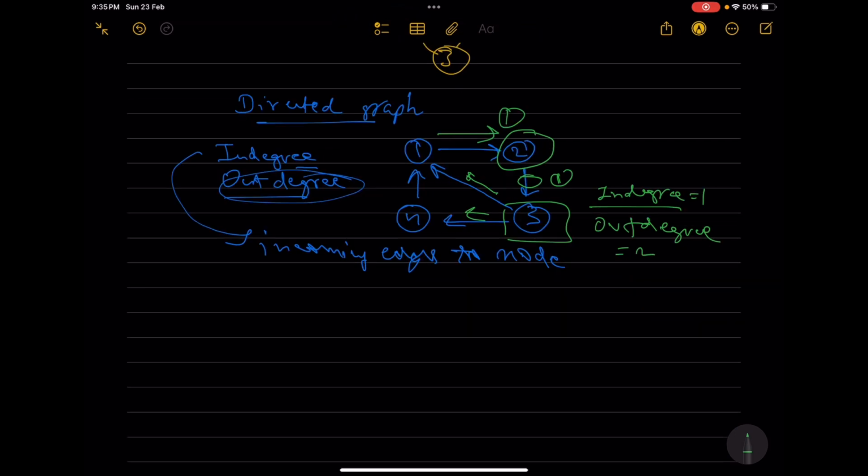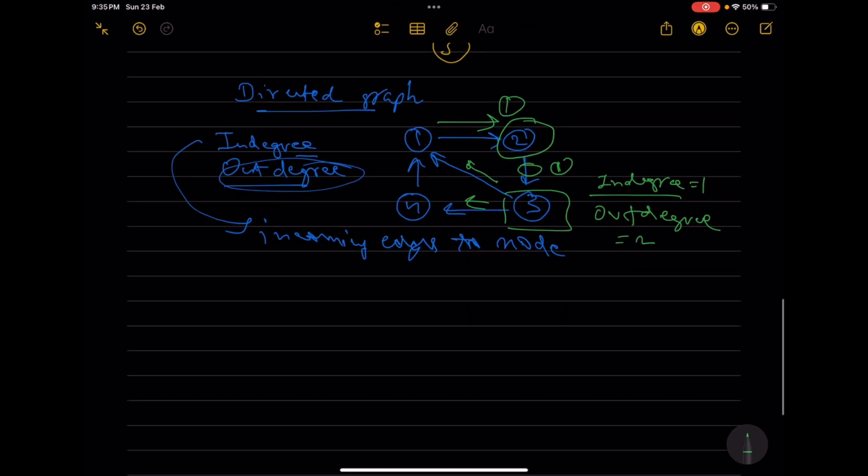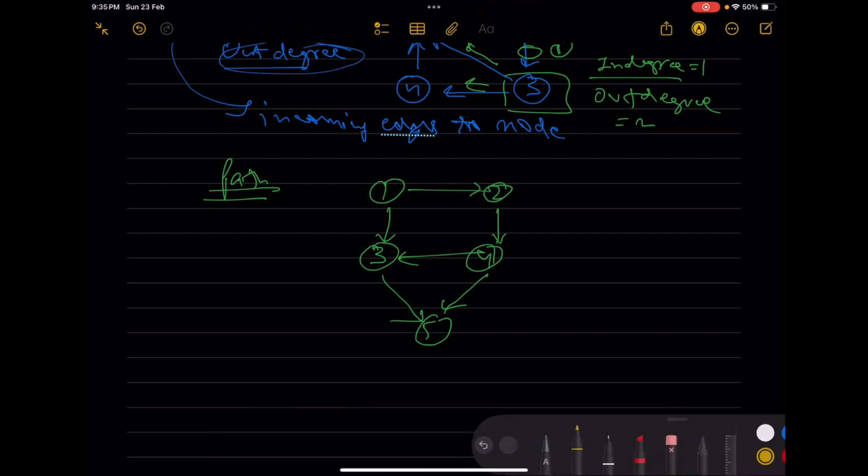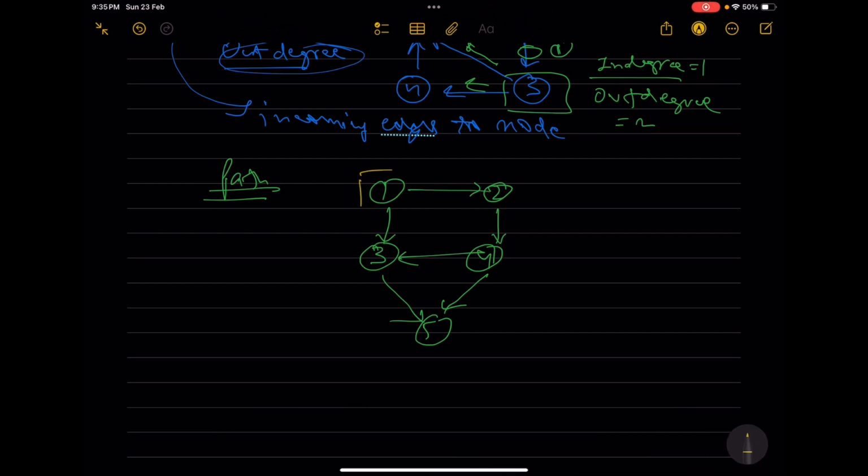Now there is one more terminology in the graph, that is path. So what is the path? Let's consider we have to start from 1 and reach 5. So how many ways can we reach? We can follow this path 1, 2, 4, 5. We can follow this path 1, 2, 4, 3, 5, and we can follow this path 1, 3, 5.